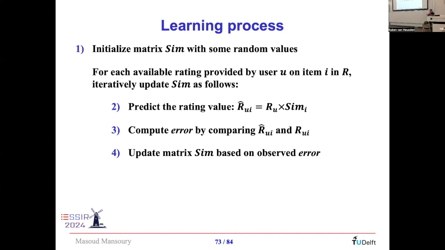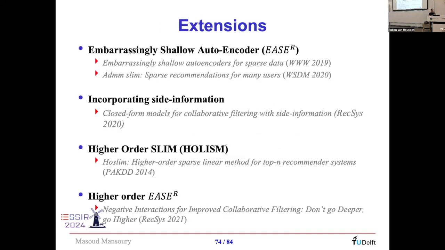To further improve the performance of SLIM algorithm, a lot of other research works are proposed for simplifying the objective function, for finding the closed form solution for solving the objective function. Instead of optimizing the objective function, doing iterative process over the interaction data, if you have a large interaction data, then you have to do a lot of computation for learning the parameters. So these are the work that I'm sharing with you.